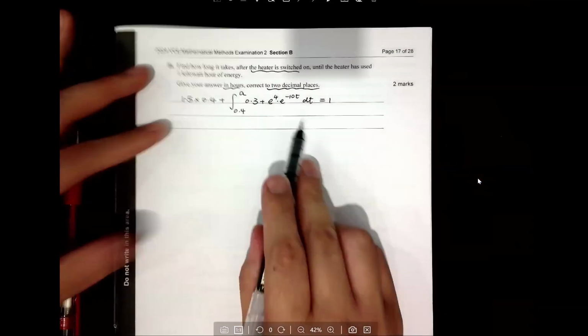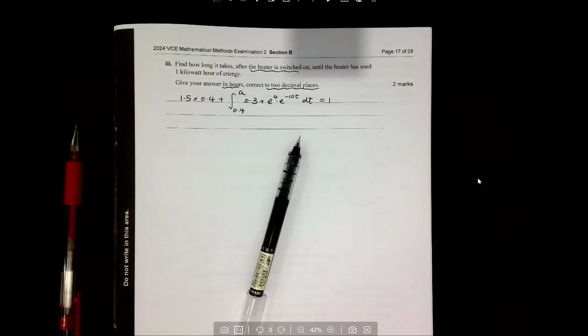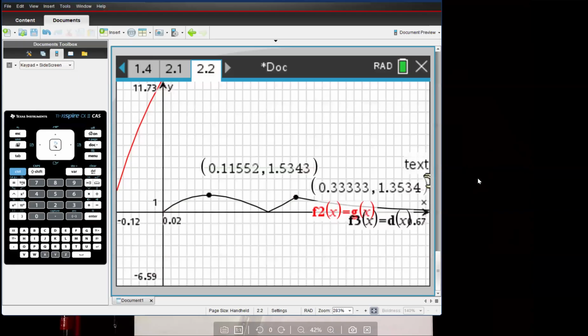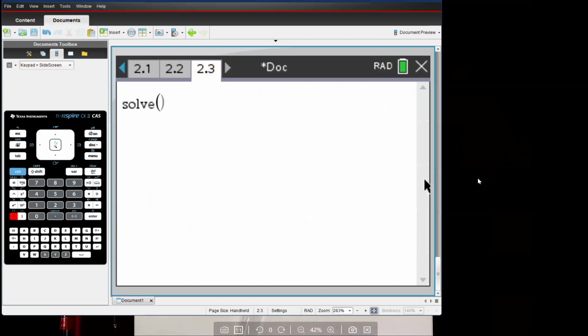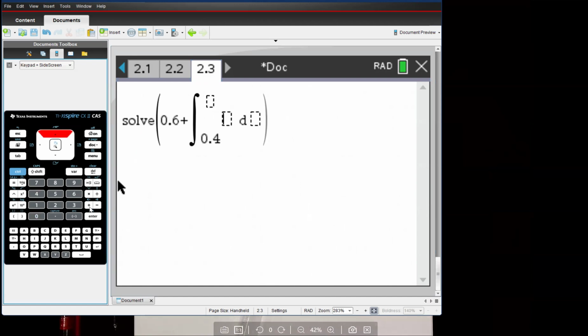So this is the method: you show the appropriate equation, establish this integral equation and solve it. You can solve 0.6 plus the integral from 0.4 up to a of 0.3 plus exponential 4 minus 10t dt equals 1, for a.